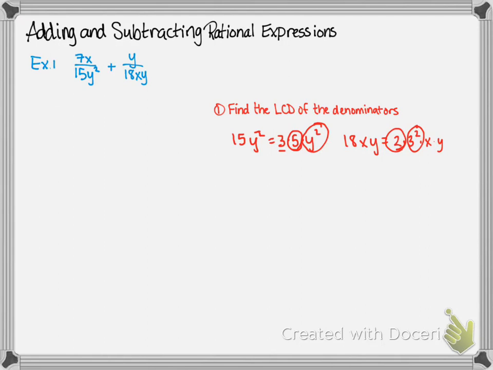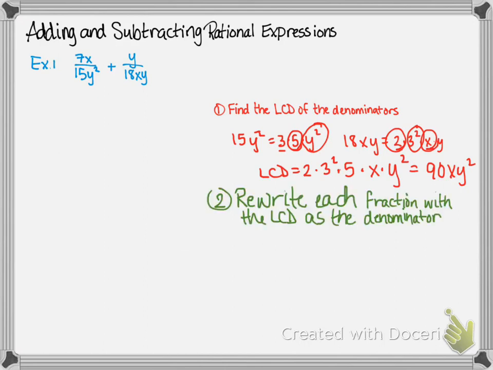We have a 2, we need to include that in our LCD. We also have an x that we need to include in our LCD. So our LCD will be the product of everything that is circled. It will be 2 times 3 squared times 5 times x times y squared, or 90xy squared.